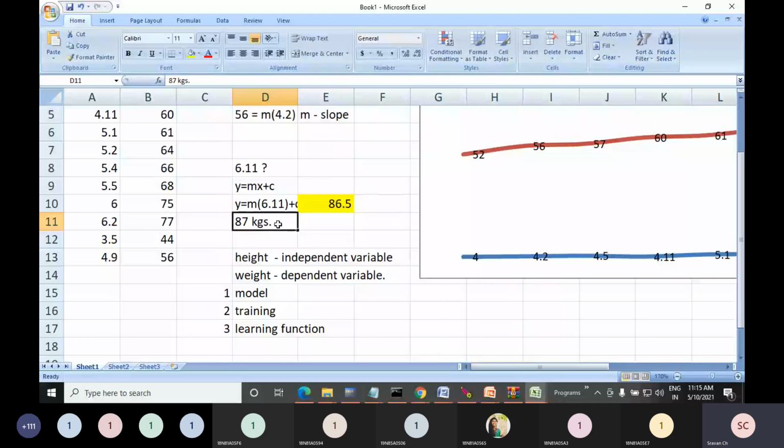Now you will ask a question, sir, why should I trust your program? What is the guarantee that this answer 87 is correct? What is the accuracy? How accurate is your model? You may ask me this question.